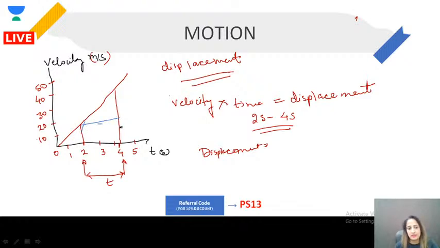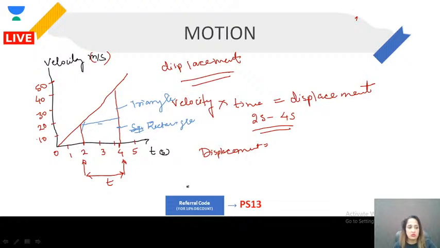The area under this rectangle and the area under this triangle. Okay, that will be our total displacement.